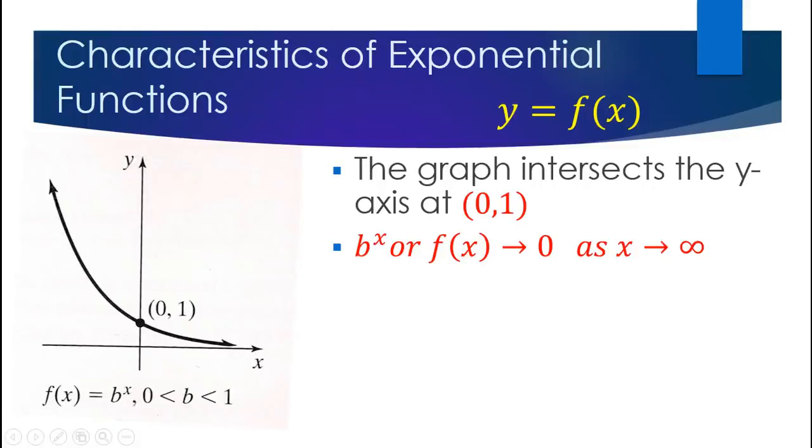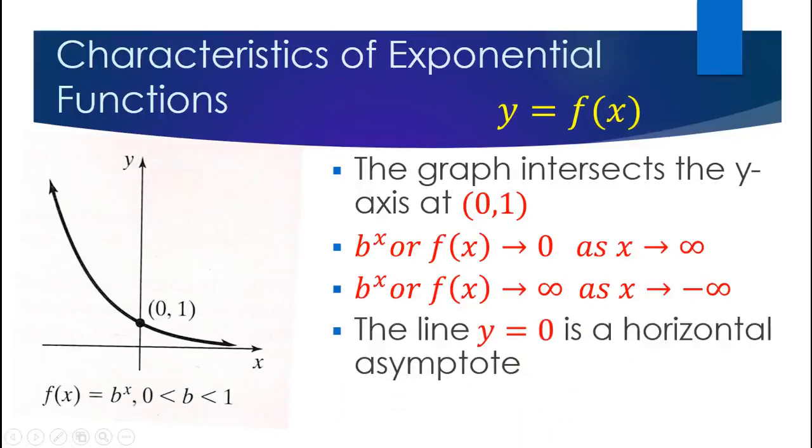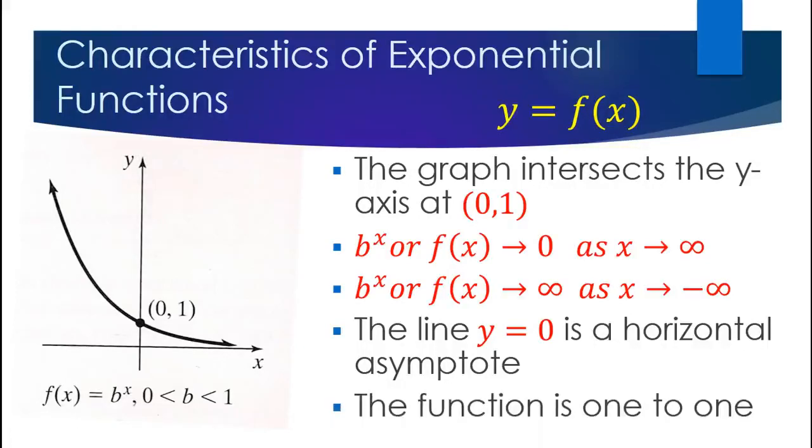Yung ating curve papalapit sa y equals 0, mapapansin natin yung ating x is approaching infinity. Palaki ng palaki yung ating x. Also, if f of x is approaching positive infinity, ibig sabihin tumataas yan, yung ating x naman is approaching negative infinity, kumakaliwa yung ating curve. Okay? Take note of these two behaviors, or characteristics, ng ating curve. Also, the line y equals 0 is the horizontal asymptote of the exponential function, and of course, the function is still one-to-one.